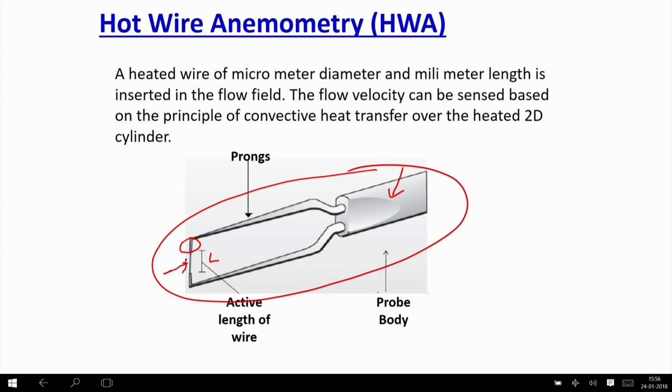So, the basic measurement principle of this technique is that this wire is connected as one leg of a Wheatstone bridge. Now, we will discuss the circuit also. We know that, say, this is a typical Wheatstone bridge.